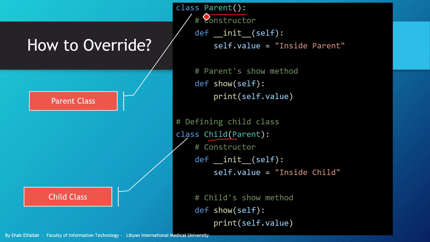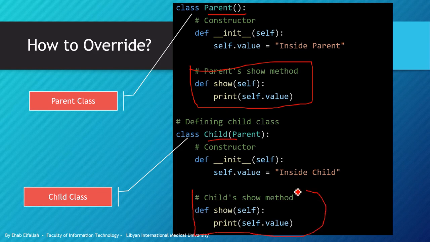Inside the parent class we have a constructor, and inside this constructor we have an attribute whose value is "inside parent", and we have one method called show. After the child inherits from the parent class, it also wants to make a method with the same name, show. In that case, this is overriding.